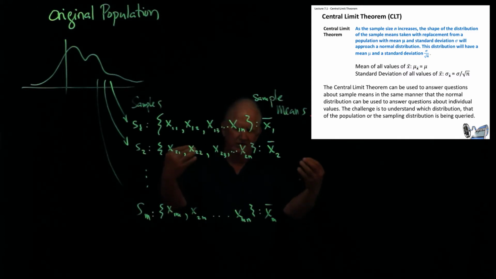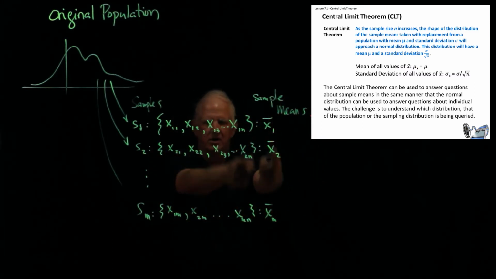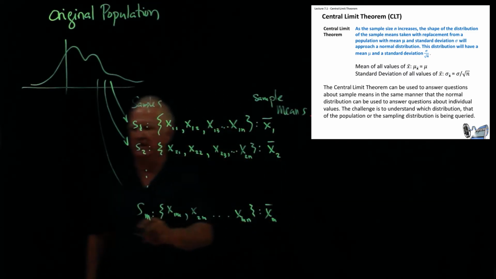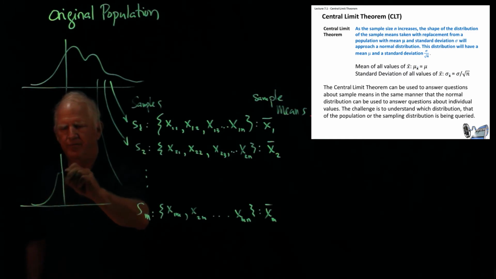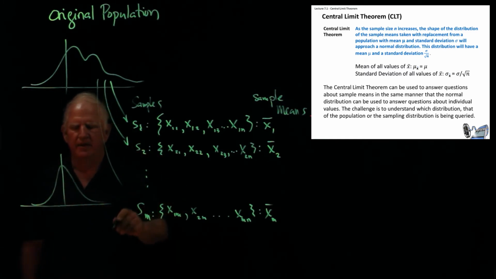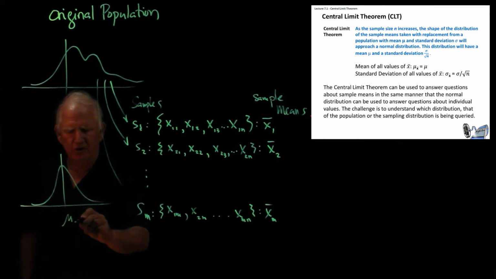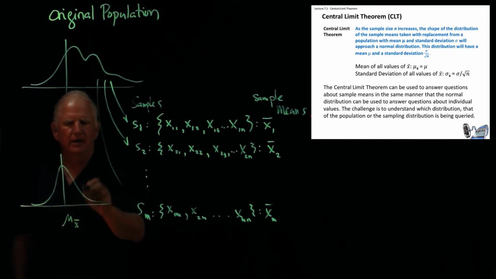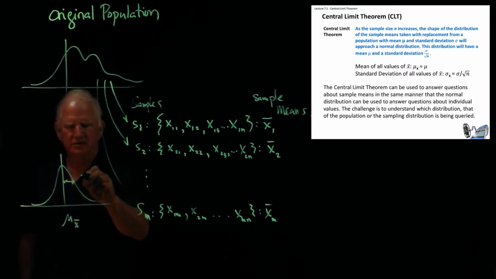Now, if I take enough of those, I can create my own distribution of these sample means. That distribution is going to have a mean, generally called mu of x bar, and a standard deviation, sigma of x bar.